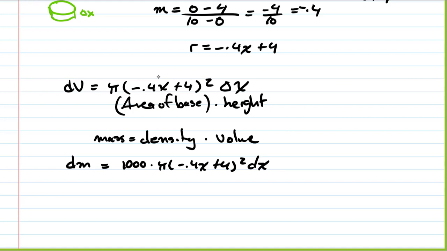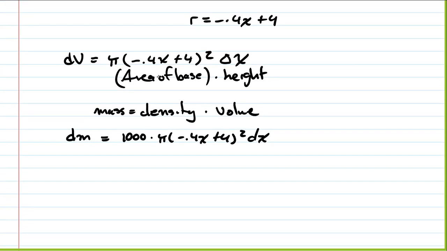So now we have our mass, or our change in mass, but to find work, we don't need mass. What do we need? Well, we need force first, right? So force is equal to what? Mass times acceleration. So our dF, our force, is going to be mass times acceleration.